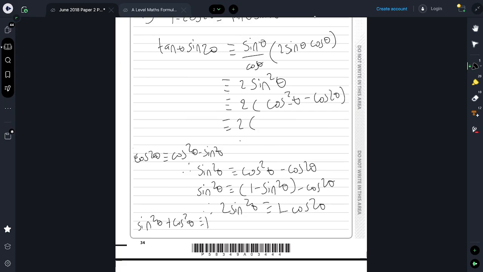No, hang on. Hmm. This would be cos 2. No, that's reusing it. So this would be 1 minus sine squared theta. But how would that help?